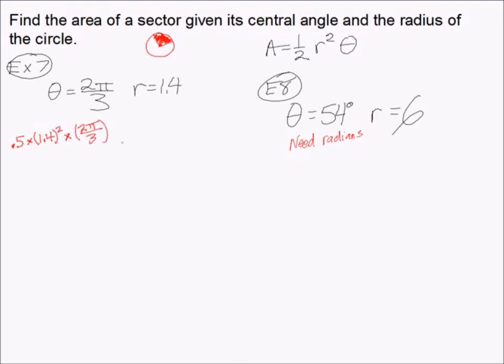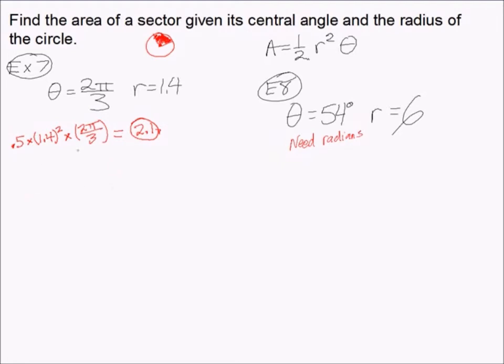If you type this in your calculator like this, then you would get 2.1, because we need to round to the nearest tenth. This would be 2.1 units, okay?